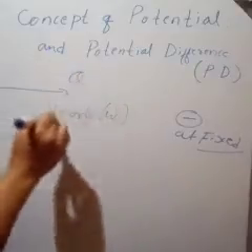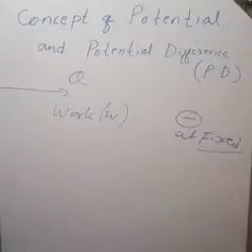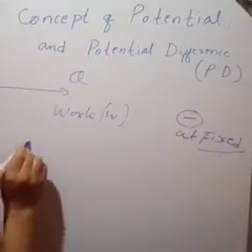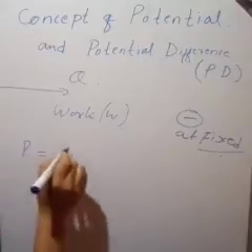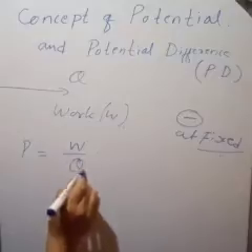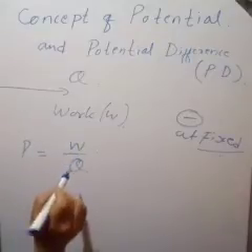This is called potential. Or potential is equal to W by Q, the work per unit charge.